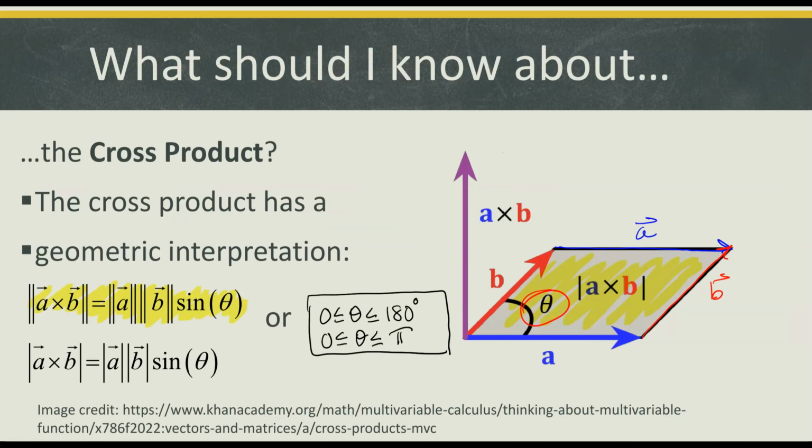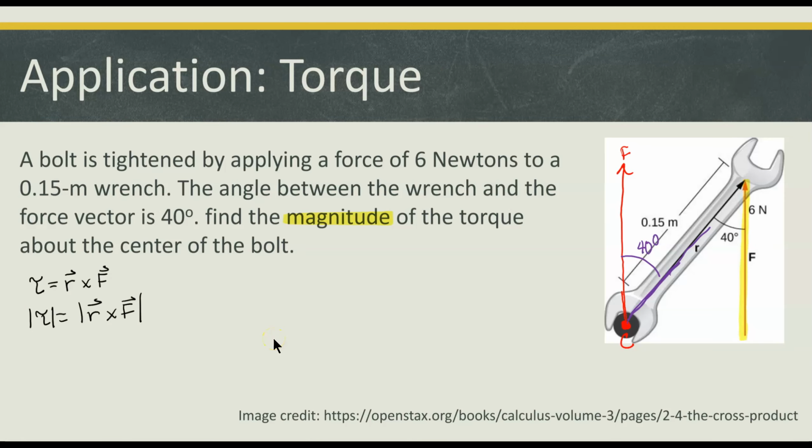Now recall that we have this geometric relationship, so the magnitude of a cross product is the product of the magnitudes of the two individual vectors times the sine of the angle between them. So in this case, that's going to equal the magnitude of the radius vector, or the lever arm, times the magnitude of the force vector, times the sine of the angle of separation, or the angle between the two vectors.